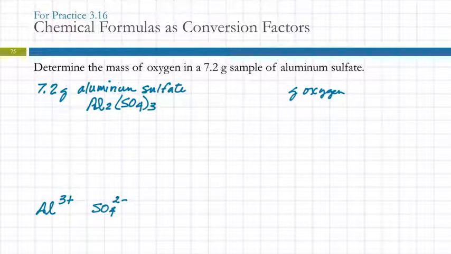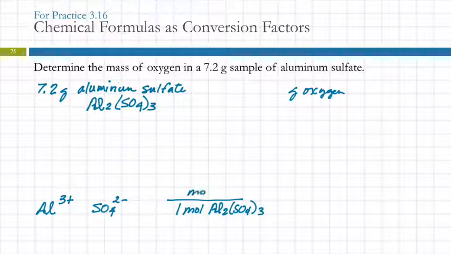So looking at that formula, I'm going to do 1 mole of the compound, and I'm interested in how many moles of oxygen are in that. How many moles of oxygen in 1 mole of aluminum sulfate? 12.